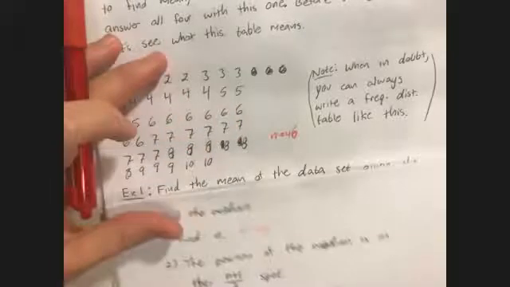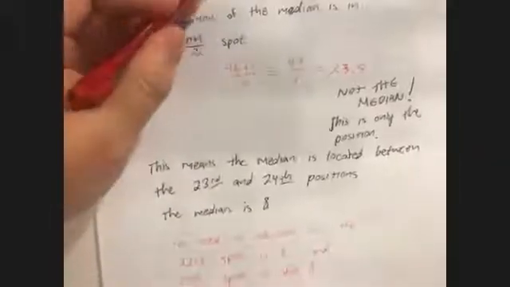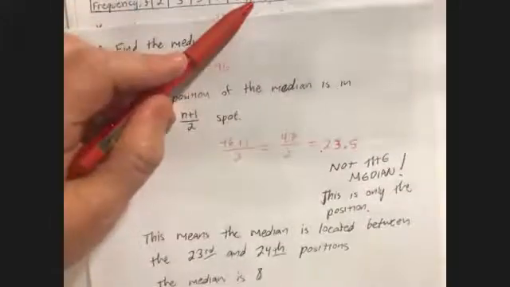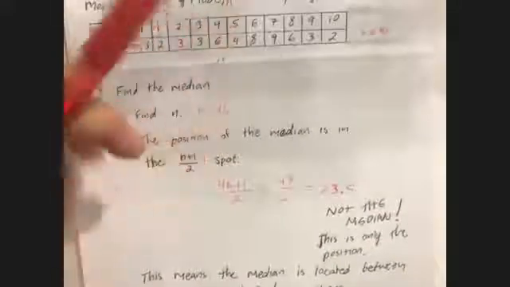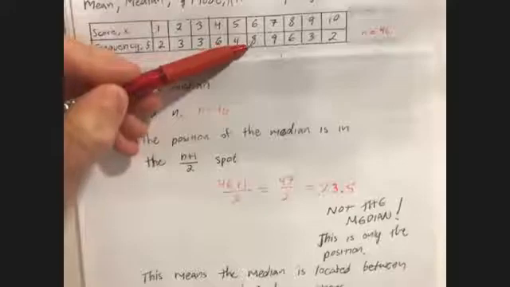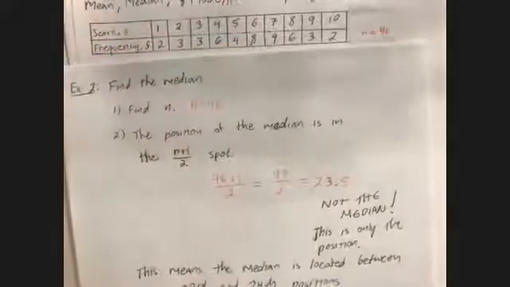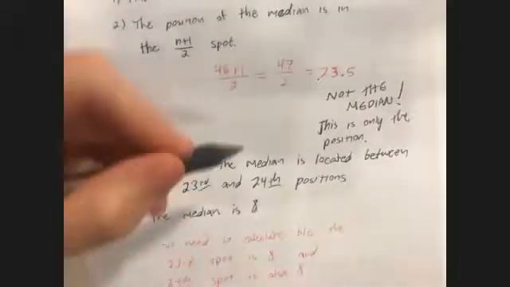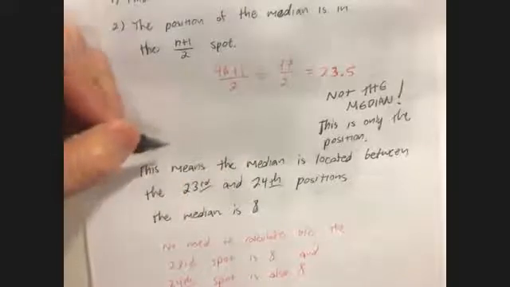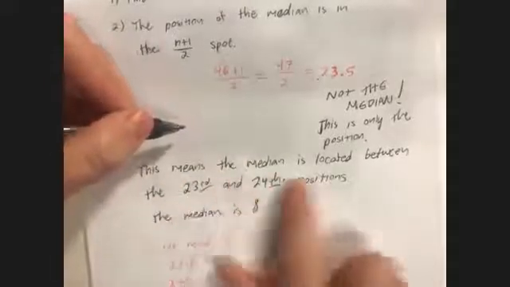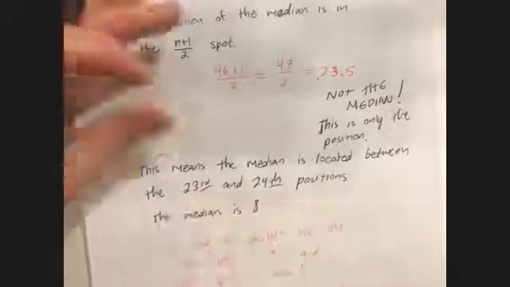I put the wrong number. I'm glad I counted. So here, this is not 8. That's how many 6s there are. So let me just fix that real quick. This means that the median is in the 23rd or 24th spot.